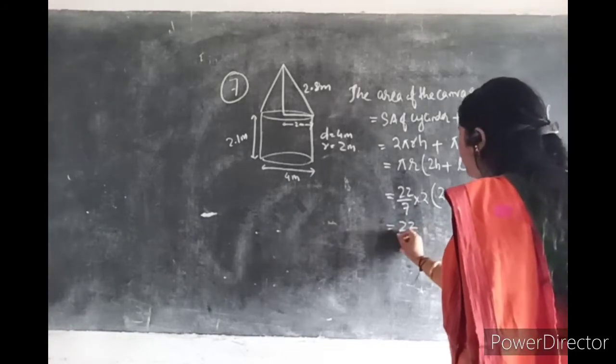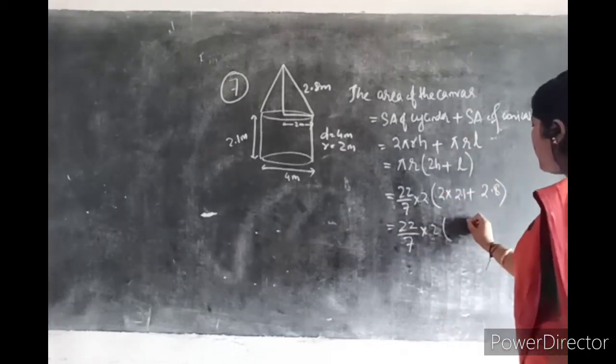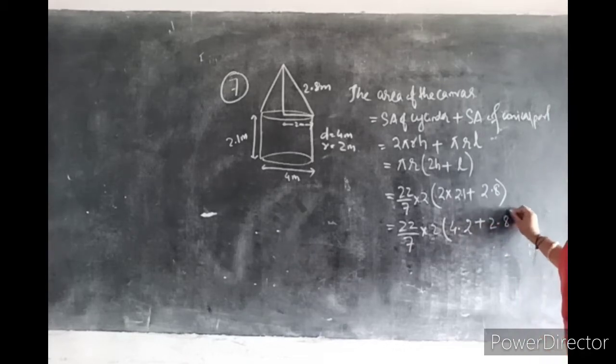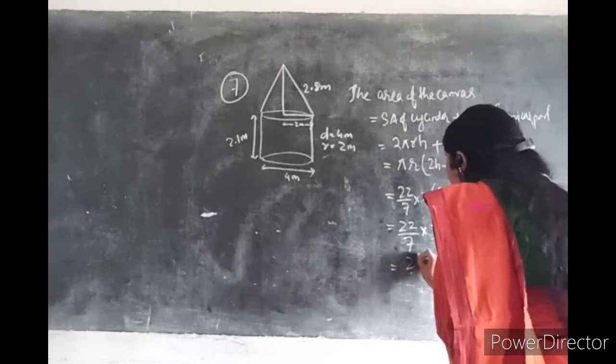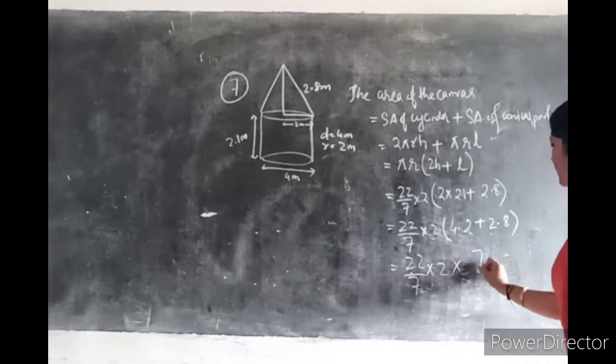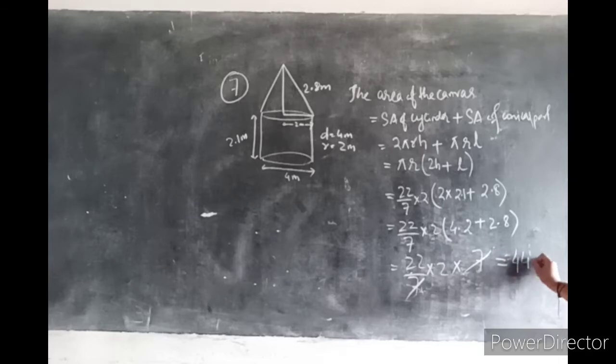So here you can calculate 22 by 7 into 2. So this will be 4.2 plus 2.8. That is 22 by 7 into 2 into 7. So this 7 and this 7 will be cancelled. So how much you are getting is your 44 meters square. So this is the area of the canvas.